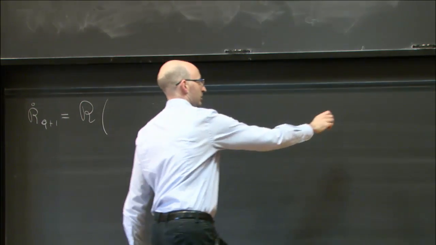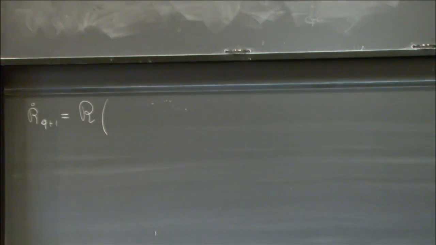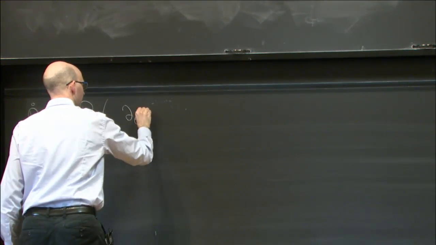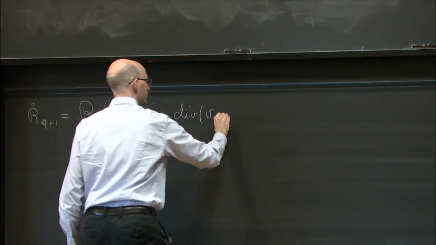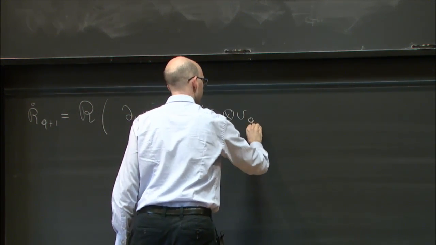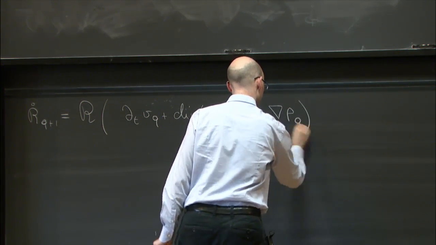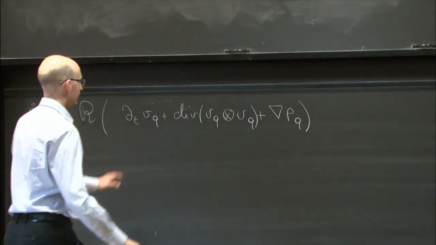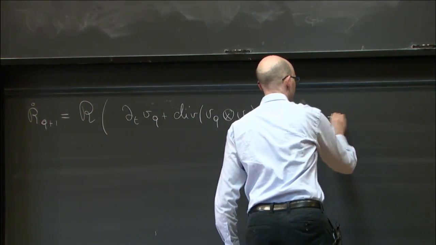And then I have a pretty bad expression. First of all, dt vq plus divergence of vq tensor vq plus gradient of pq. So this is the equation. And then I have to take derivatives of the perturbation.